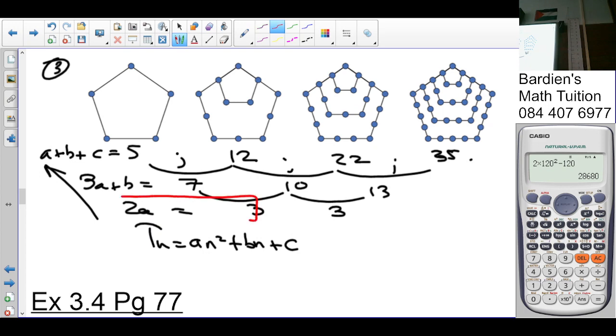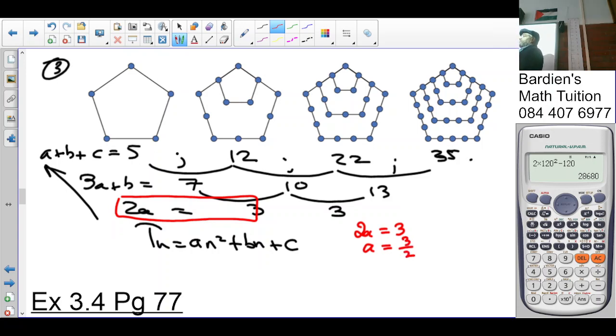So 2a is equal to 3. Divide by 2, so a is equal to 3 over 2. Then what? 3a plus b is equal to 7. So it's 3 times 3 over 2 plus b is equal to 7.